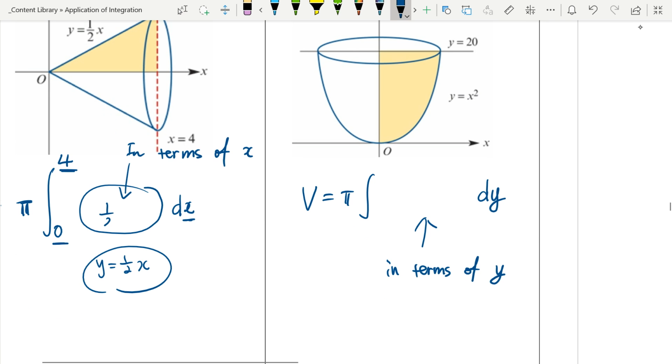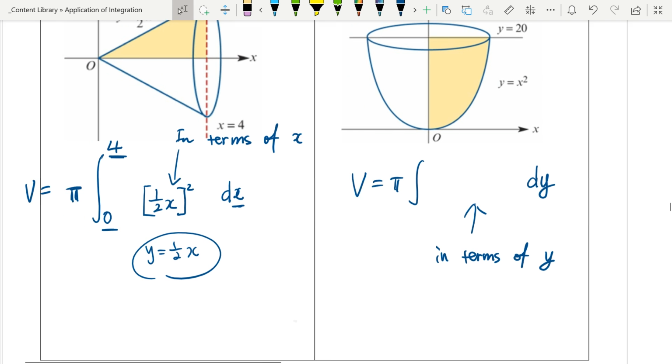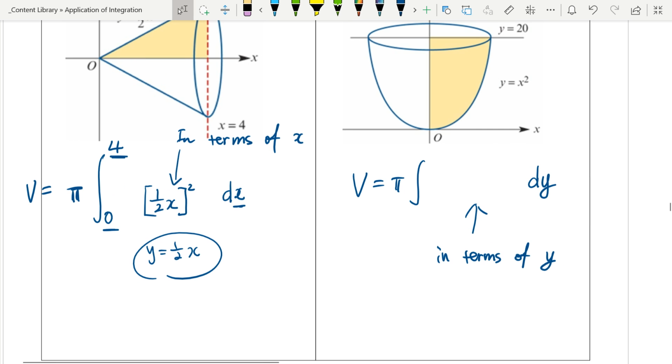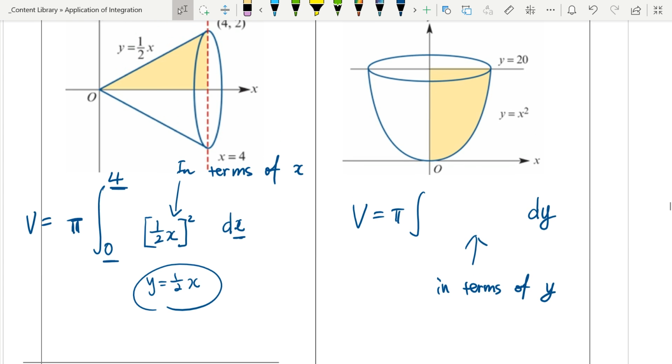We have a half x here, but we need to square it, because we're talking about volumes. That's not really the real explanation, but just remember there's a square of the function. I want to square the function which is in terms of x.